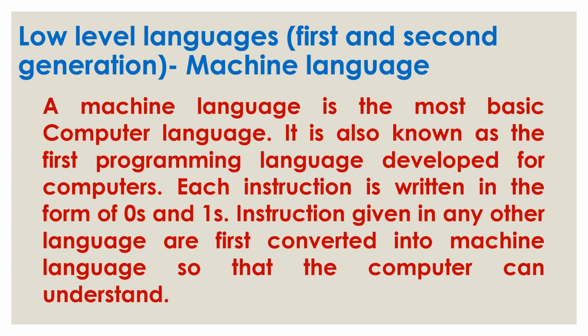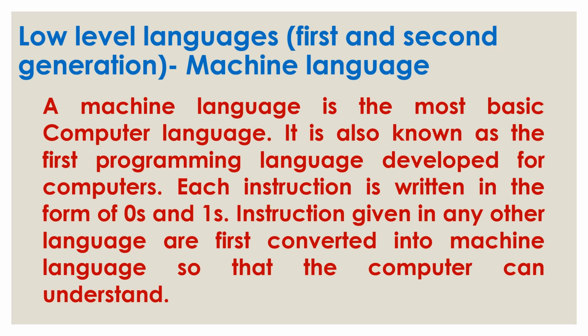Low-level languages. Machine language. A machine language is the most basic computer language. It is also known as the first programming language developed for computers. Each instruction is written in the form of zeros and ones.